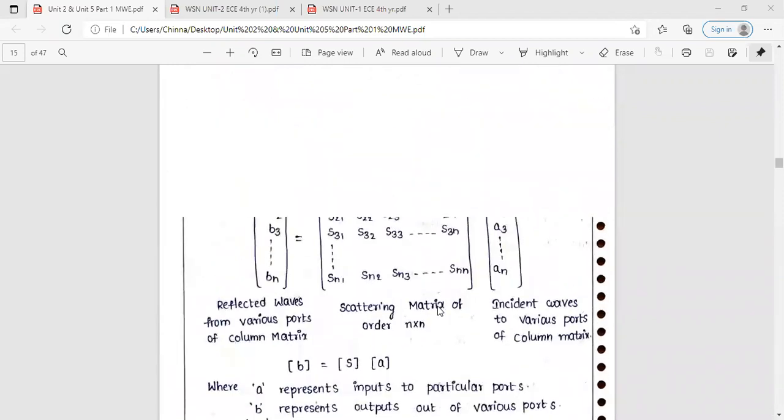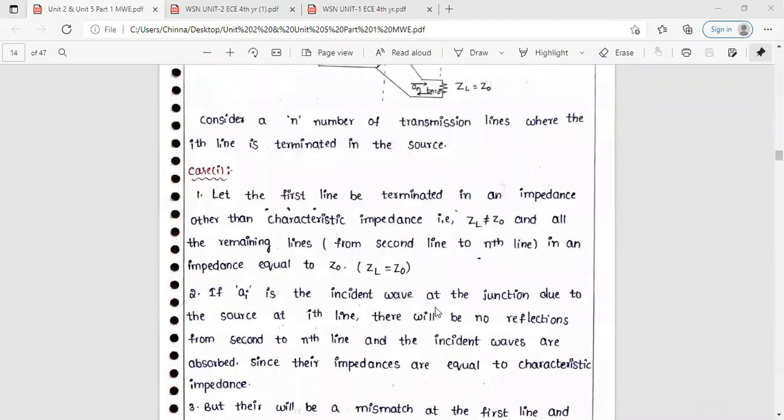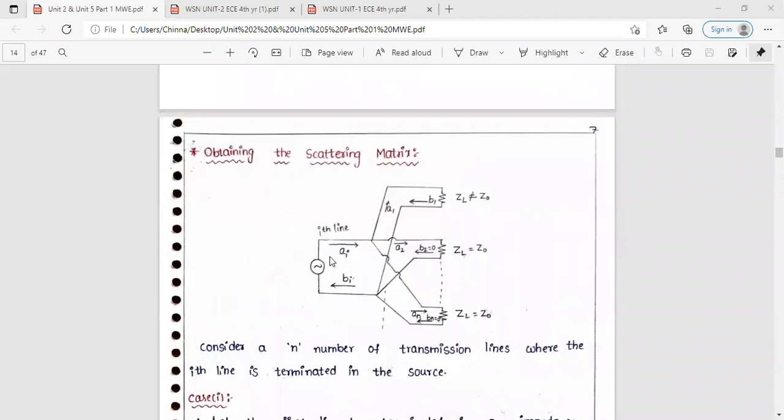So మనకి ఇక్కడ రిప్రజెంటేషన్ చూడండి. ఈ డయాగ్రామ్ లో రిప్రజెంటేషన్ తీసుకుంటే సో A అనేది ఇన్సిడెంట్ wave. So it is always considered the input wave, and B, whatever is reflected from the circuit, is considered the backward reflected wave.